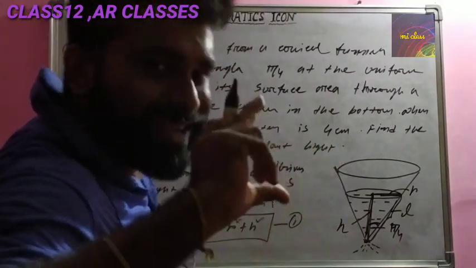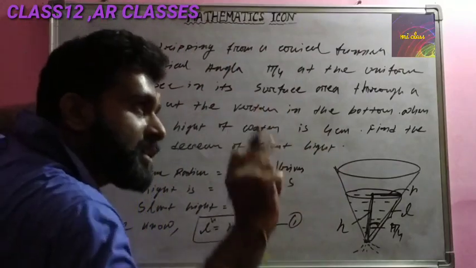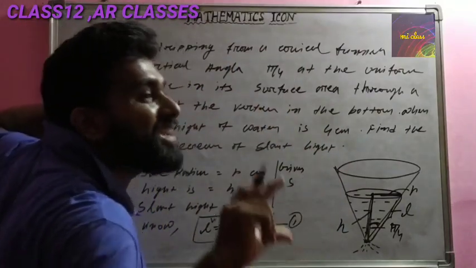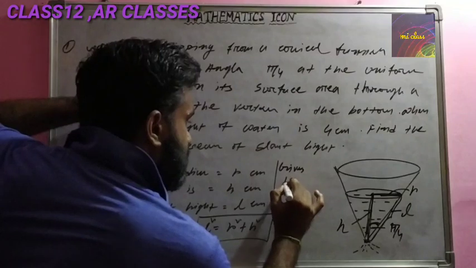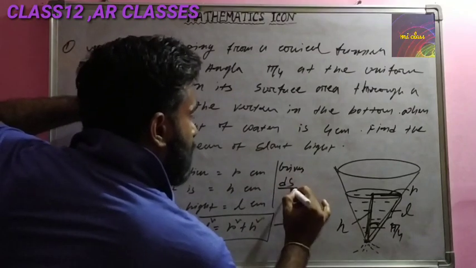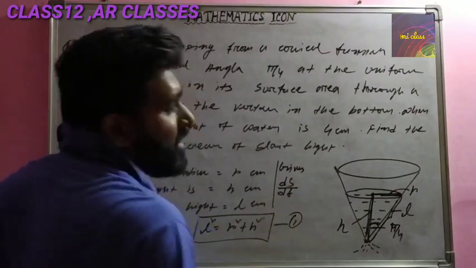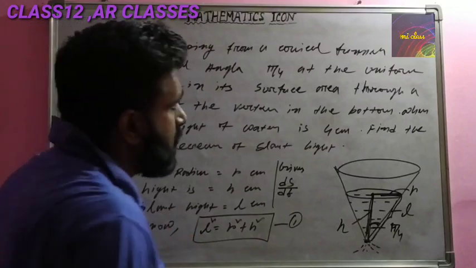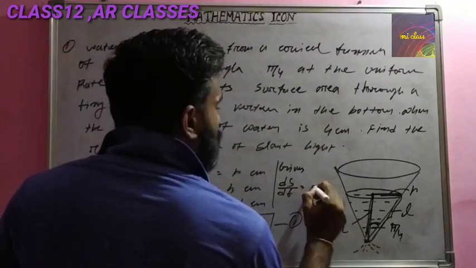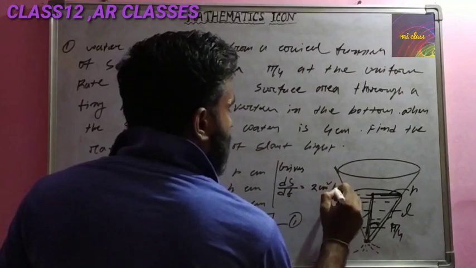Surface area is decreasing, that means surface area is changing, so dS with respect to time. That means time is changing, that's why the surface area is changing. dS by dt equals 2 centimeter square per second.